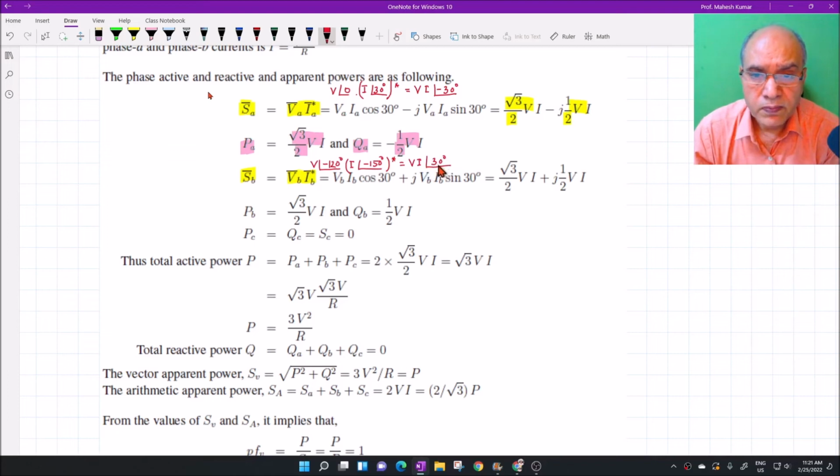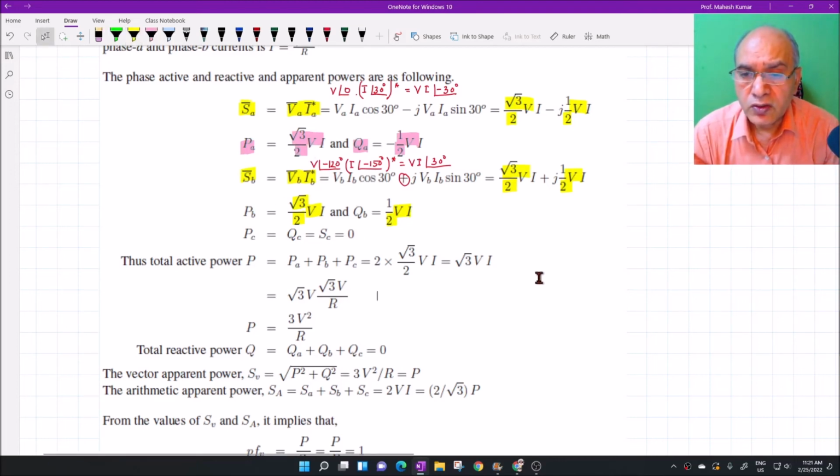Because of plus 30 degree, the sign is positive here, and therefore the active and reactive powers are root 3 BI by 2 and BI by 2. These are expressed here: PB is root 3 by 2 BI, and QB is BI by 2. For C phase, the powers are 0 because in C phase there is no current, and therefore PC, QC and SC are all 0.